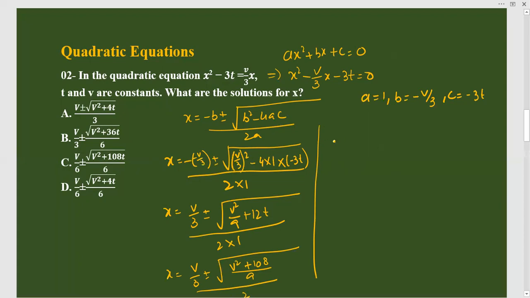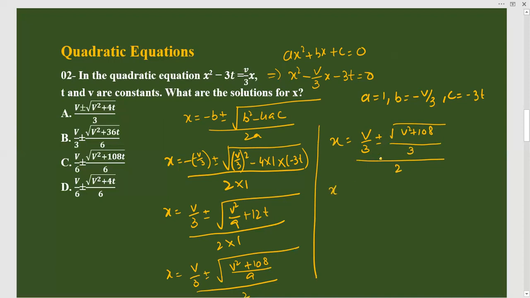So this is the x: v over 3 plus minus the square root of v square plus 108t over 9. 9 is a perfect square, so when it comes out of the radical, the value will become 3 in the denominator, divided by 2.